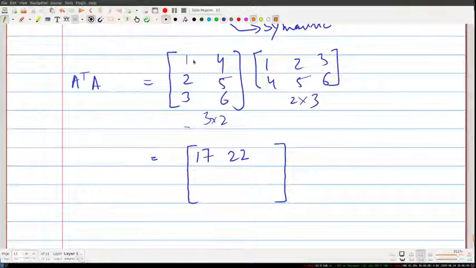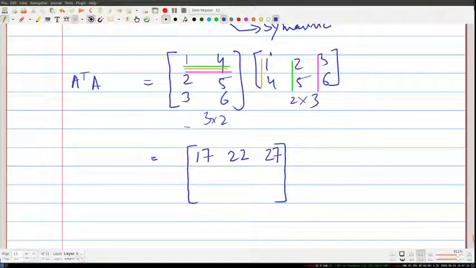So let me just put in this 1, 4 with 1, 4, 1, 4 with 2, 5, and 1, 4 with 3, 6, right? And I'm putting in different colors because I have a feeling that I'm going to get this 1, 4 with 1, 4 and 1, 4 with 2, 5 again at some point, right? Okay, so I'm just preparing myself for that. So 1 times 3 is 3, 4 times 6 is 24, so 3 plus 24 is 27. Okay. And now let's go to this one.